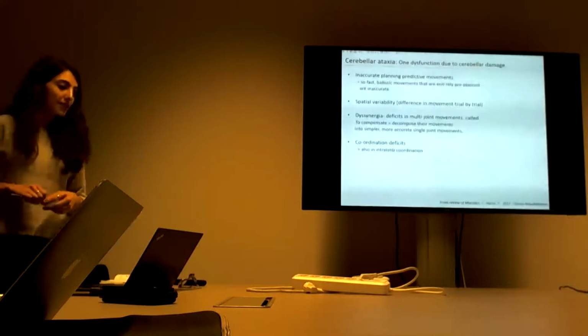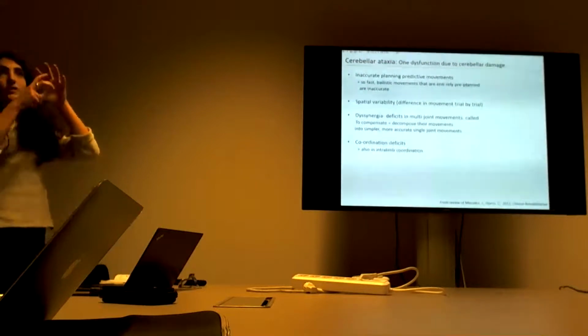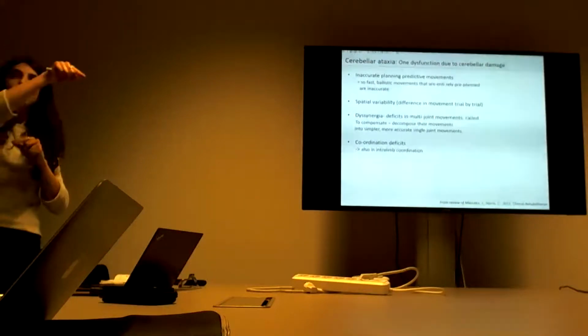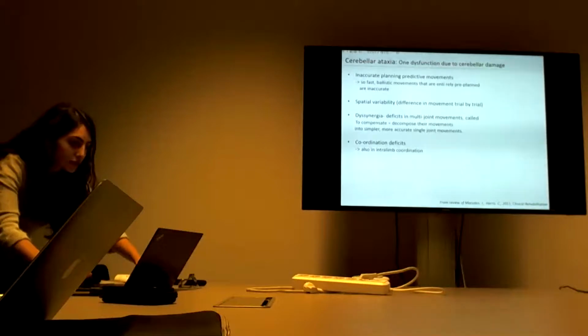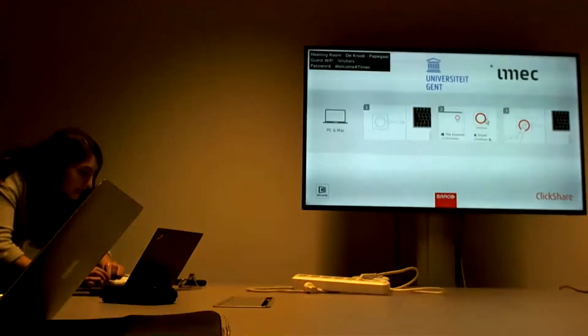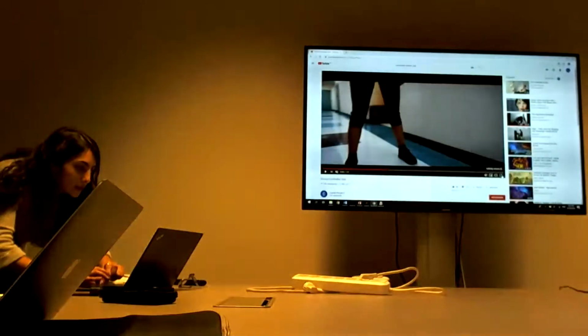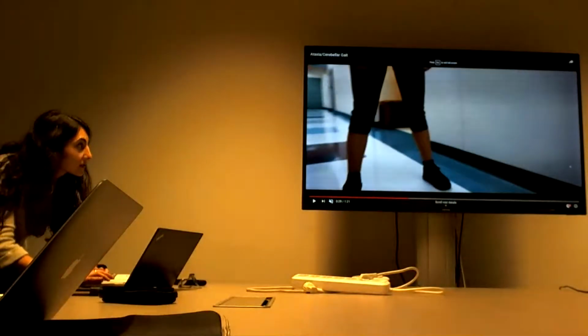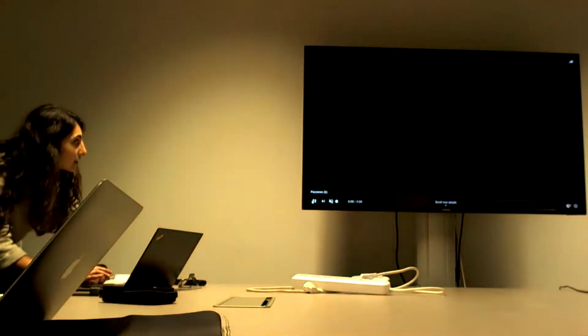There is something called asynergia, so this means that there's no coordination within the multiple joints, and there are coordination effects. And in order to put this into perspective, a very quick video to show this. This is what cerebellar ataxia looks like.